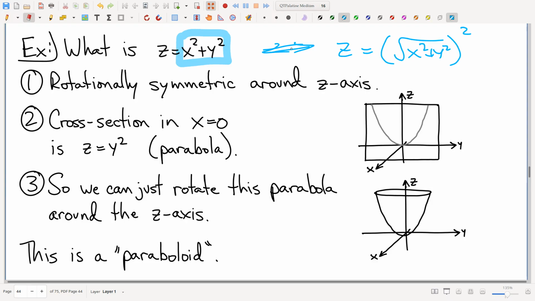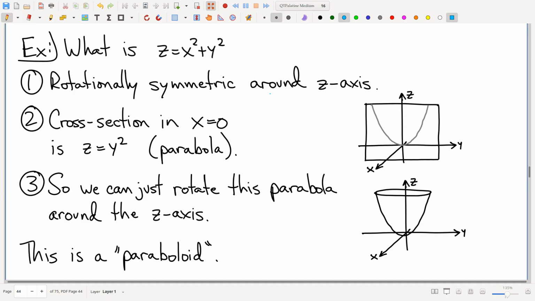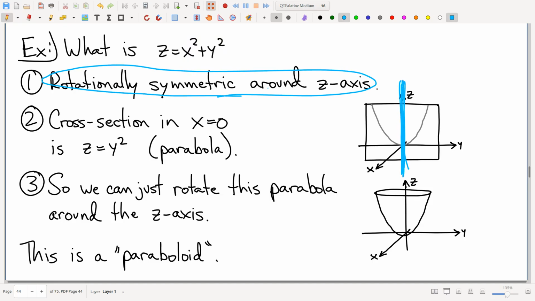Okay. All right. So that noted, since it's rotationally symmetric around the z-axis because of this form, I can then say, as we just observed, pick any plane, suit yourself, any plane that contains that axis. Now I'm picking the yz plane here, whatever, it doesn't matter.